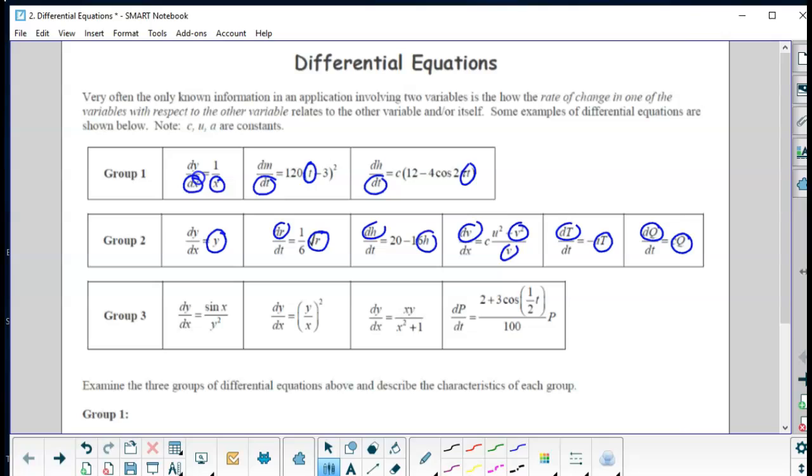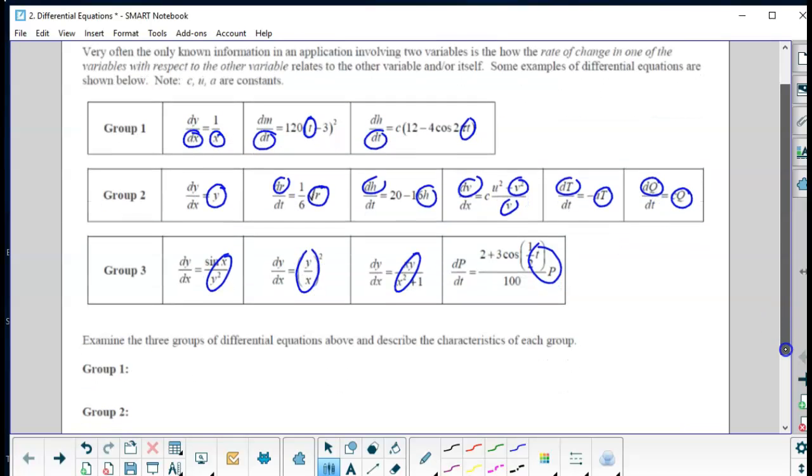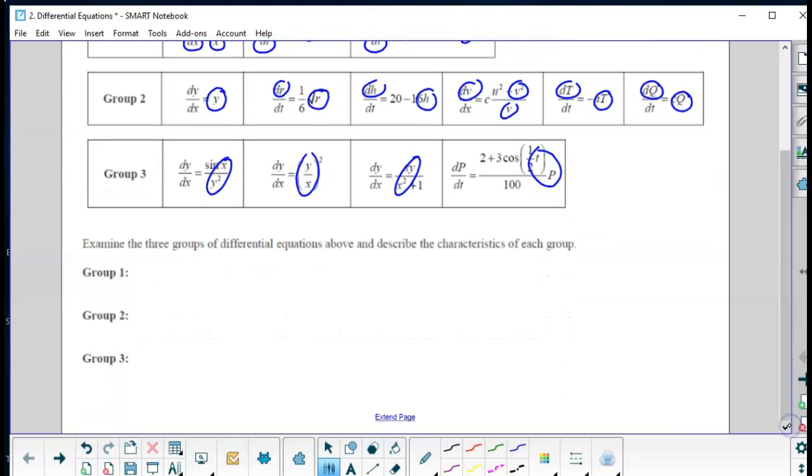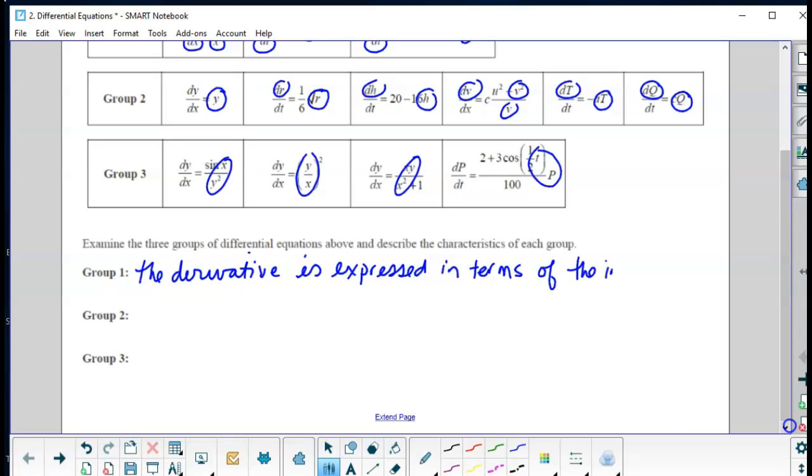Okay, and then the last group, both. You'll notice they're almost in ratio form, but they're in terms of both of them. So examining those, how to describe them. The derivative is expressed in terms of, so the first group, the independent variable.